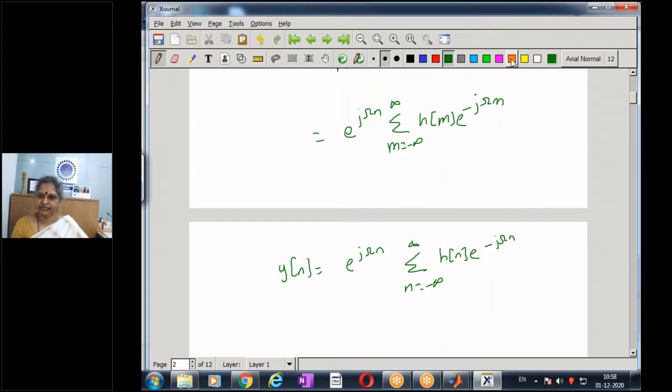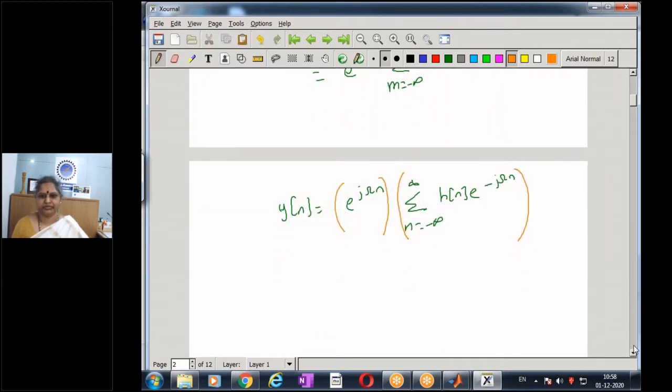Now we recognize the output in this case as the product of two terms, where one term is the input x of n, and the other term is a function of h of n. The first term is completely dependent on the input, and the second term is completely dependent on the system property, the system's impulse response.